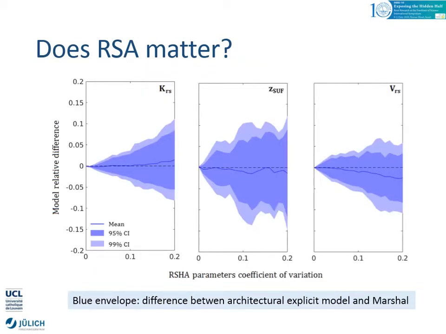Here what you see is actually the results. You have the relative difference between the simplified model and the architectural model for the root conductivity, for the average depth of the root system, and the volume of the root system. And what you have on the x-axis is a coefficient of variation that we put in the architectural model.